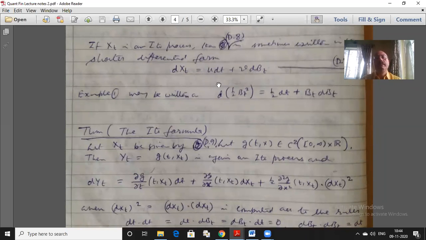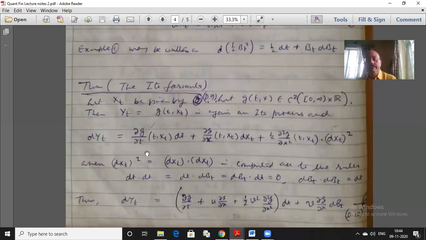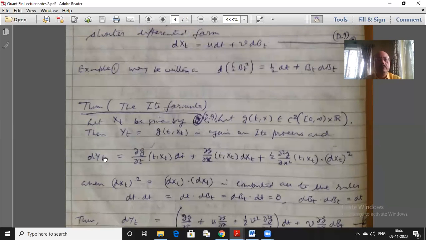And of course, then I should be able to say what is the u and v for Y, and that is given by this result here: dYt, again in the differential form, will have this expansion. So the dt term is del g del t, the dXt term is del g del x, and then I have a second order term which is of the order of dXt squared, which is half of del 2g del x squared.